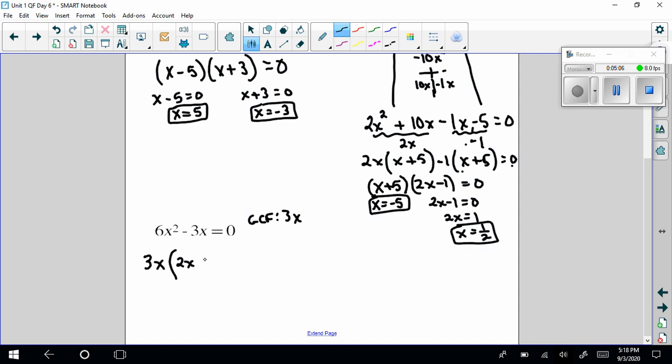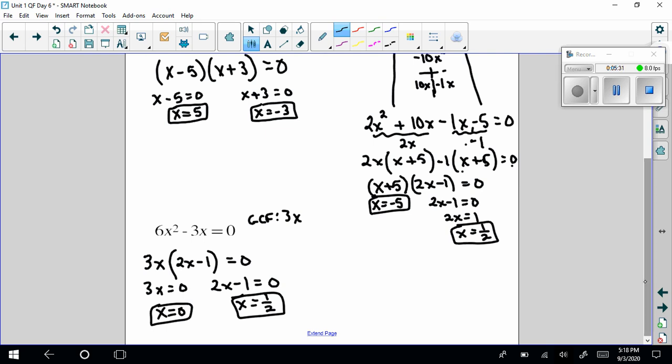And negative 3x divided by itself is minus 1 equals 0. So I can apply my zero product property. So here x equals 0. And x equals, if I add 1 and divide by 2, I get x equals positive 1/2.